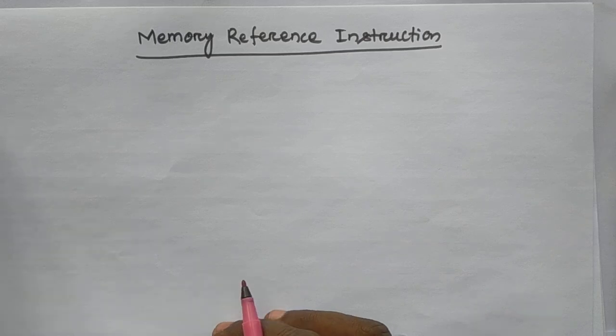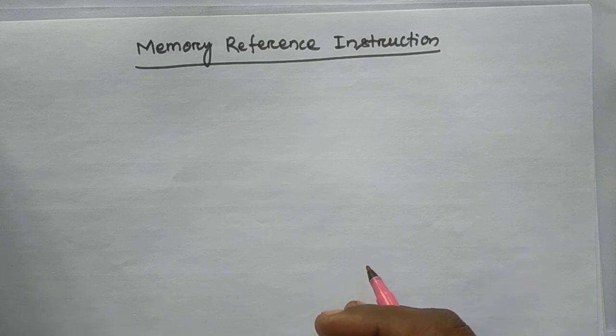Now how it is defined or how it is generated, different register reference. Here today I will discuss memory reference instruction. Okay, memory reference instruction also depends on the D value. D value means, we already know the D7 value. Okay, I will explain that part.